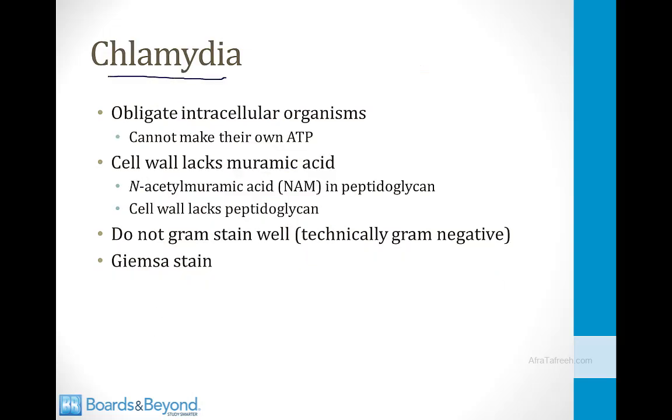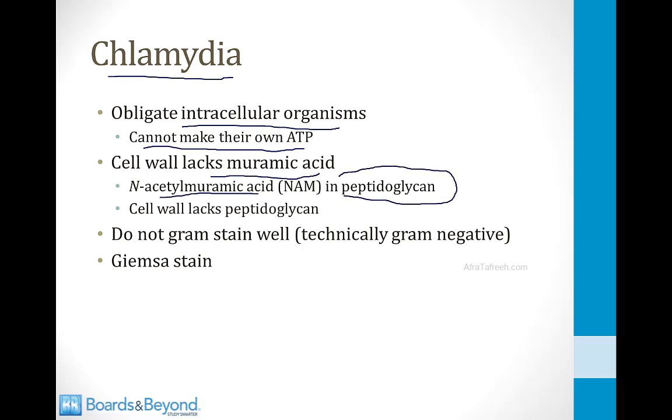Now let's talk about chlamydia, which can also cause sexually transmitted disease like gonorrhea and causes a number of similar illnesses. Chlamydia are obligate intracellular organisms, and this is because they cannot make their own ATP. They have a unique cell wall that lacks muramic acid, and recall that N-acetylmuramic acid, or NAM, is a component of peptidoglycan. So the cell walls of chlamydia lack peptidoglycan.